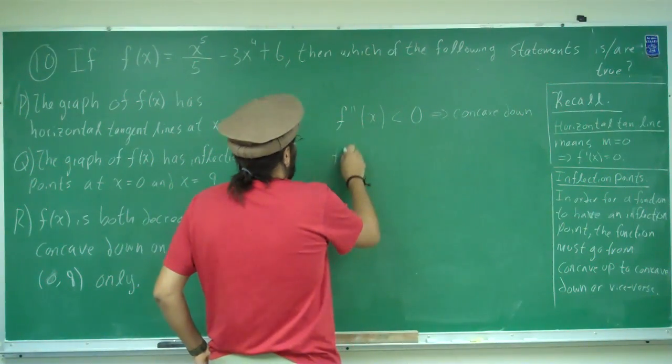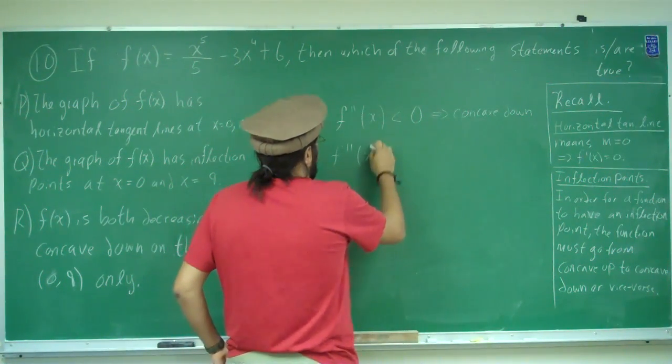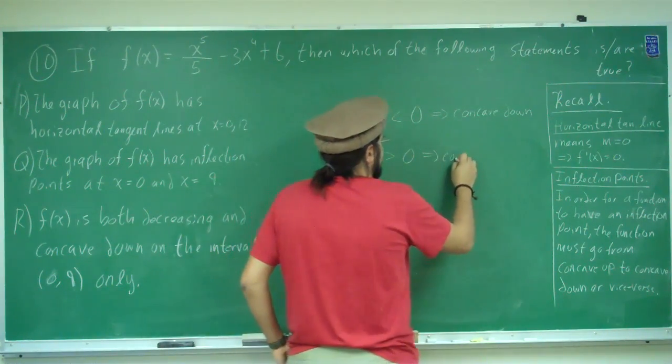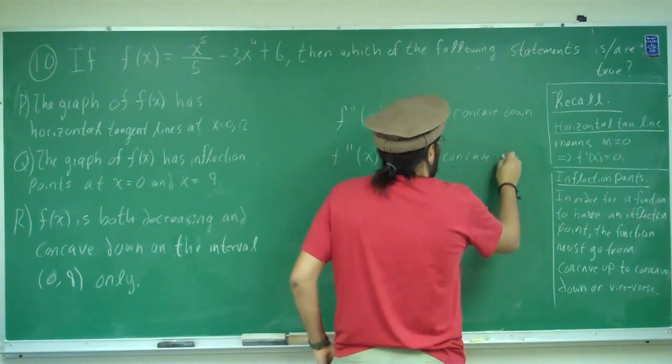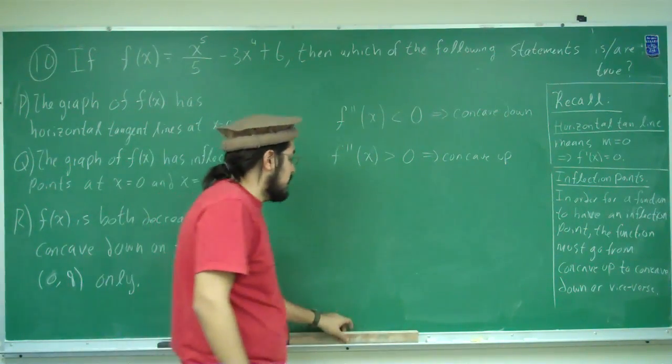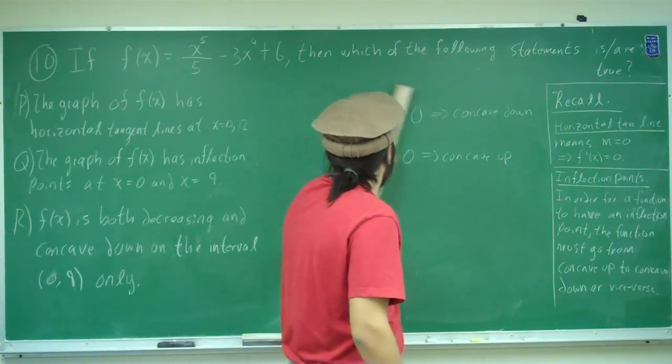And if f double prime evaluated at x is greater than 0, this implies it's concave up on that interval that you're testing. Okay, so we're going to use this fact.